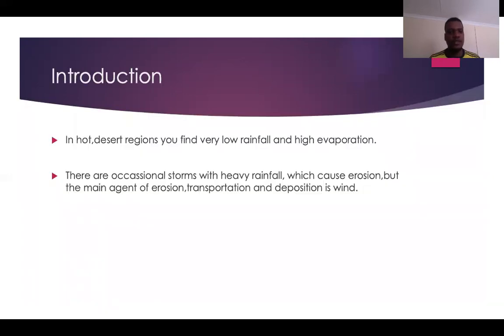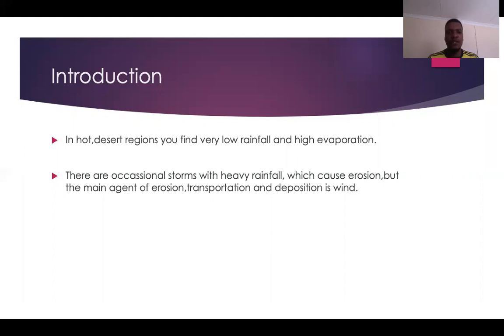So as an introduction, you will see that in hot desert regions, we find very low rainfall, and this is easy for us because we have two different climates. We have the savanna and we have a desert climate. So if you're going to the side of Swakopmund, you see deserts.